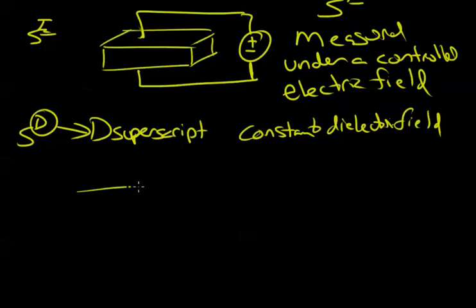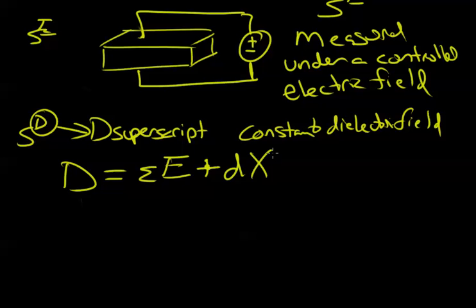So if we look at the sensor equation, where we have D equals the permittivity times the electric field plus d times stress, and in this case the dielectric displacement is constant, so the electric field is 0.